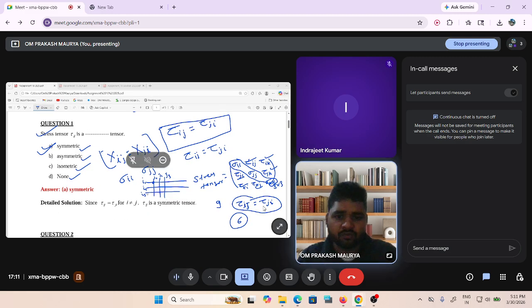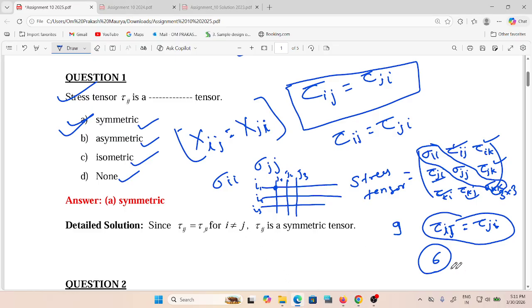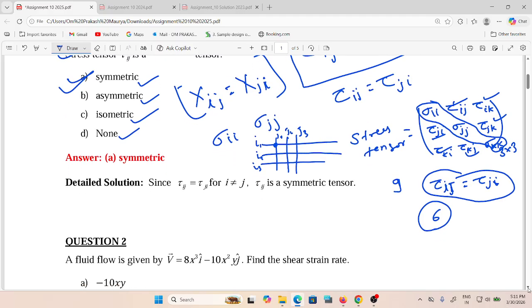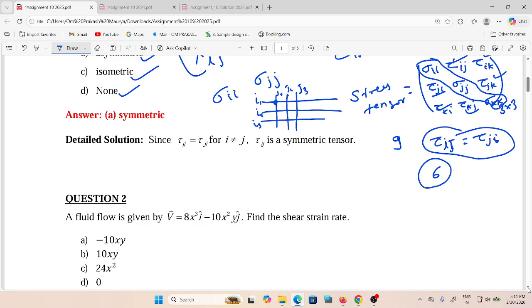Now let us move on to the next question. Next question is very easy. Question number 2. Very easy question. So please just try to calculate. A fluid flow is given by V vector is equal to 8 x cube y minus 10 x square y j cap. Find the shear strain rate.